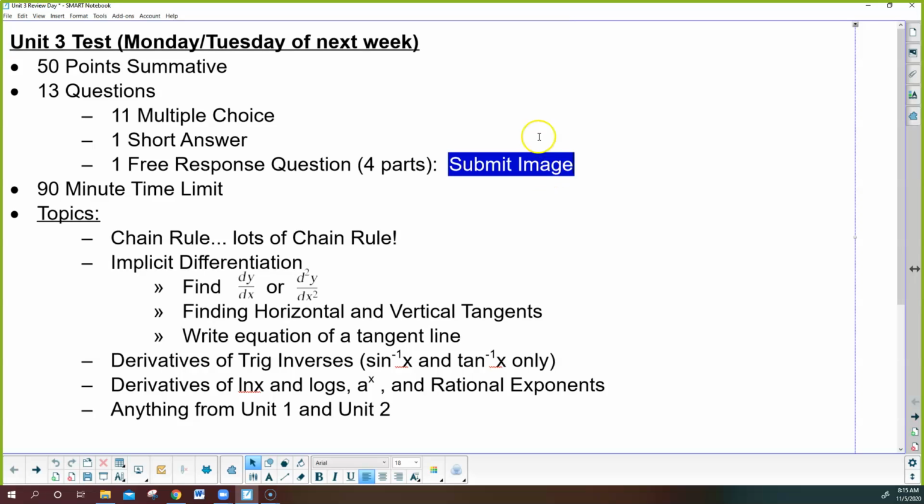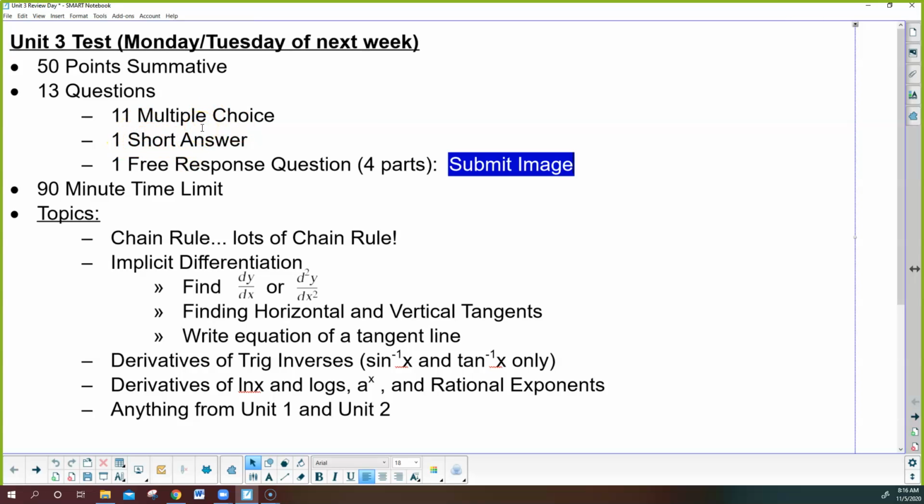And then we're also going to have an extra piece after the test that isn't part of the time limit where you're going to submit all of your work to the entire 13 questions. And that's kind of like my backup piece, but I also use that extra submission as giving you partial credit for some of the multiple choice and short answer questions.